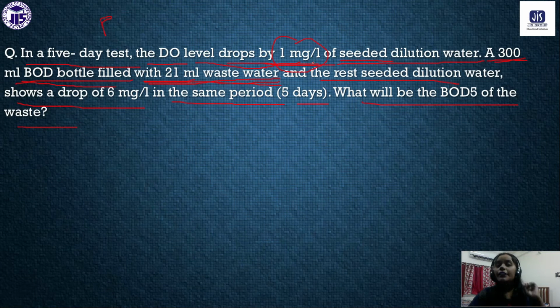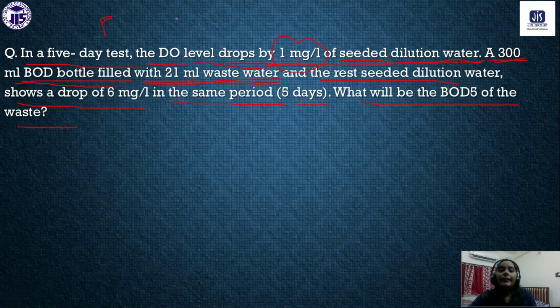Now, for which bottle? Bottle 1 or bottle 2? Look here, 1 milligram per liter of seeded dilution water.